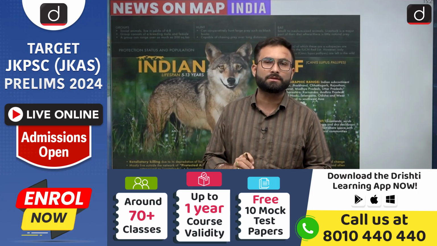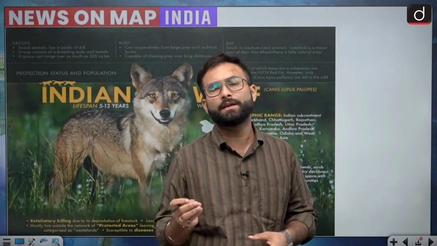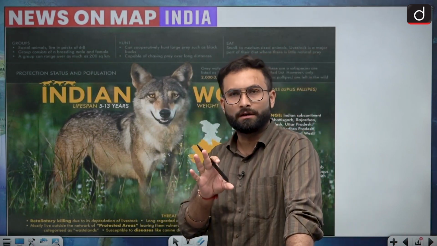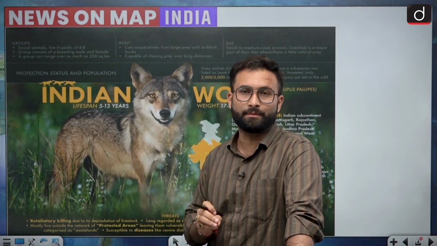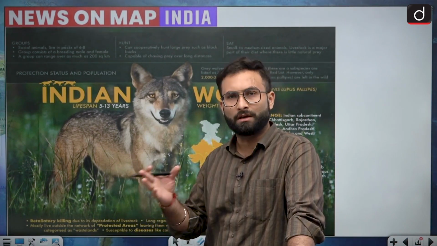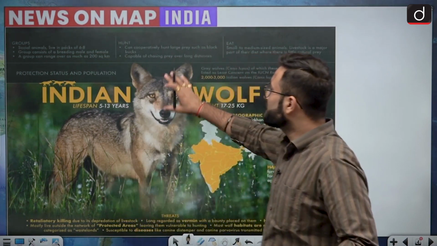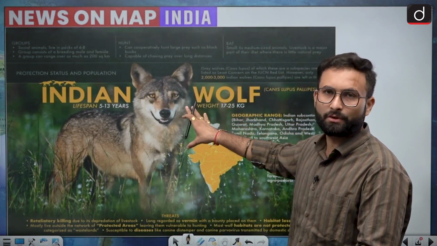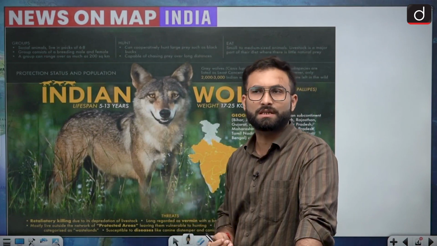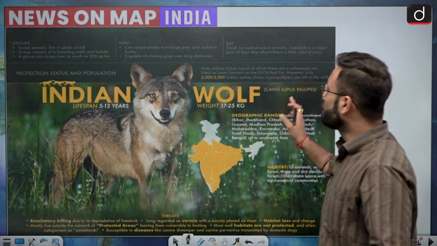A wolf will go for a small animal alone, but when they coordinate with each other and go for a big animal like a deer, they share the food. This is a behavioral aspect of these wolves, because UPSC has been asking questions about the behavioral aspects of animals. So this is about the Indian wolf.